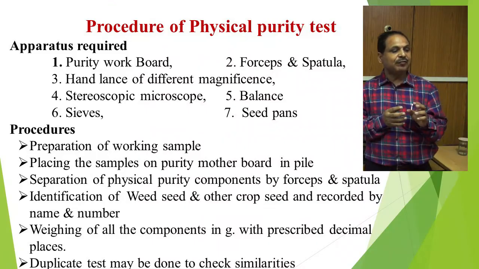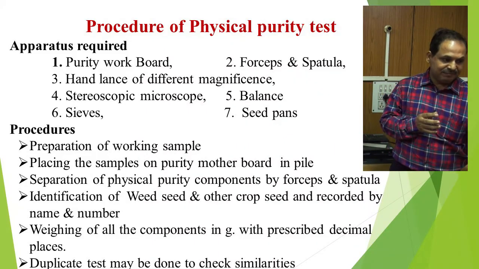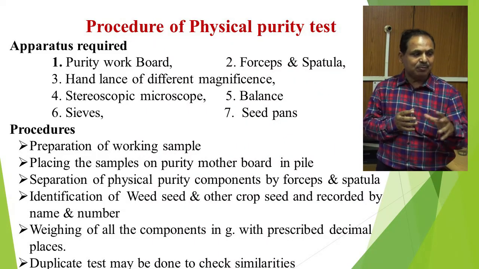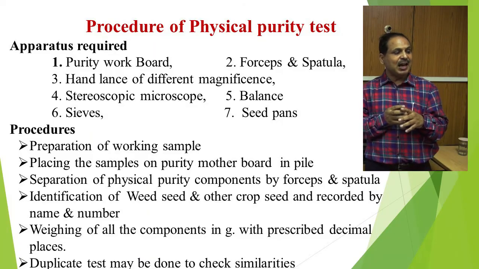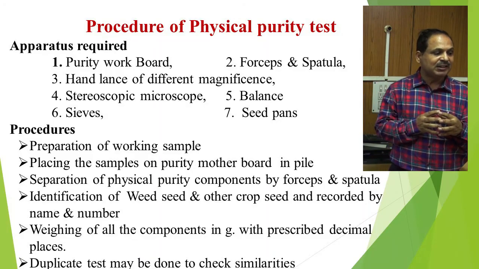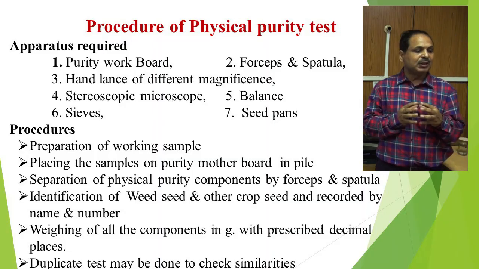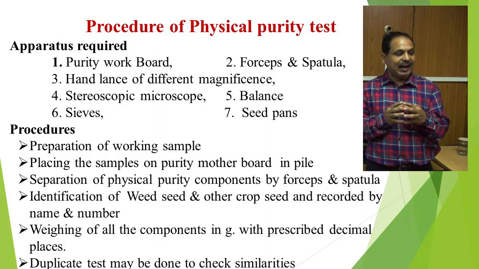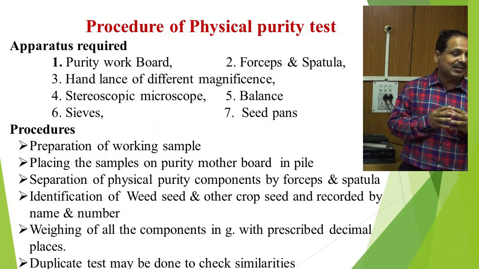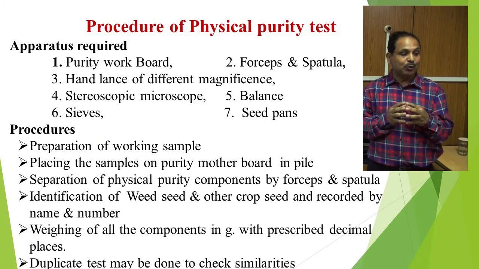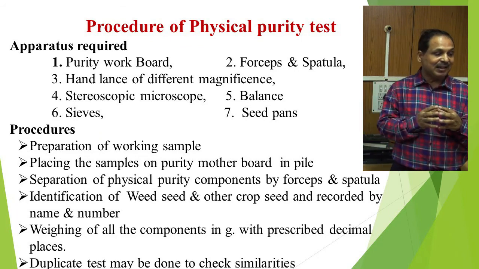Now the procedures of the physical purity test. Some of the apparatus required for this are the purity workboard, forceps, spatula, hand lens of different magnification, stereoscope, microscope, balance, seed pens and sieves.